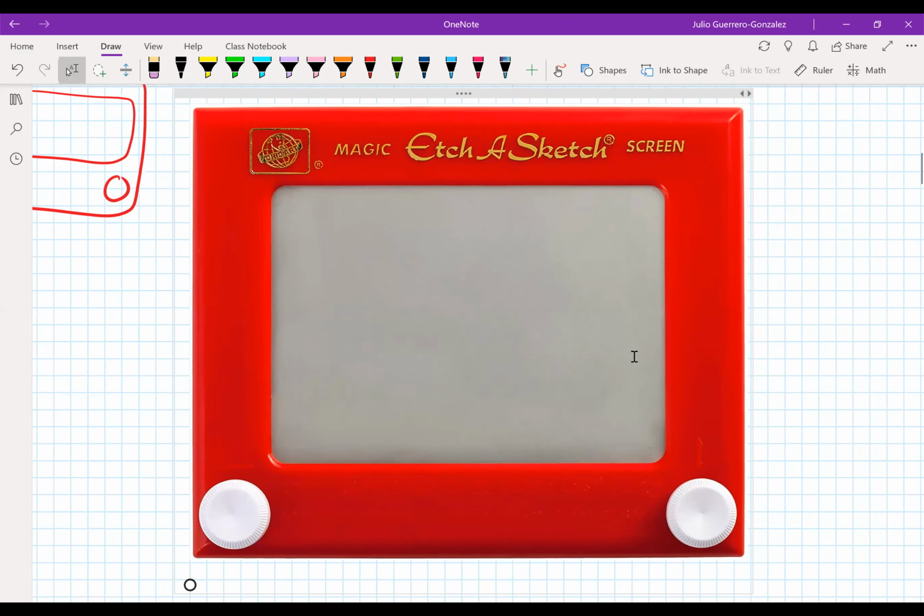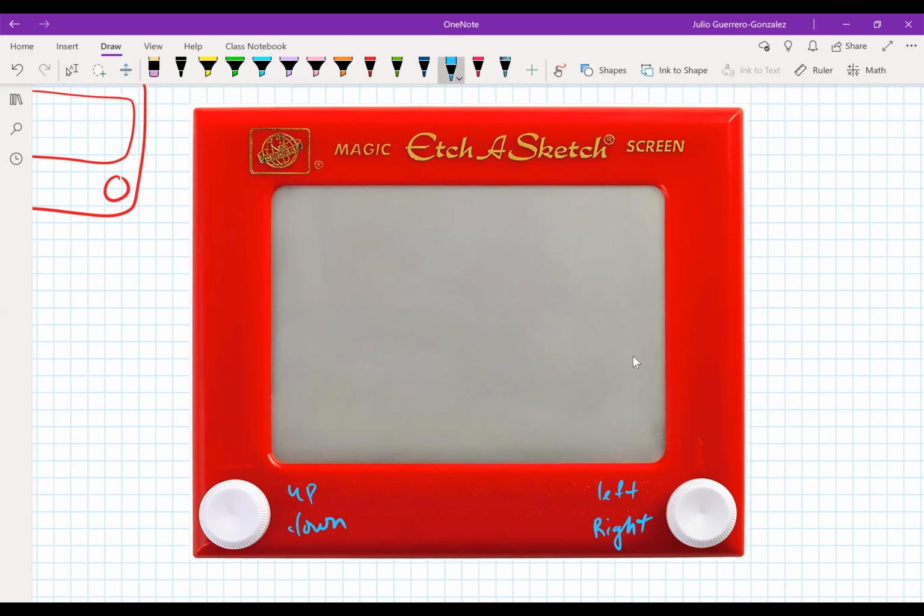So the idea behind this Etch-a-Sketch was that one of these knobs, this one, would be an up and down, and the other one was a left and right.